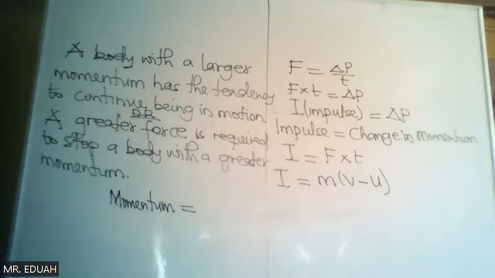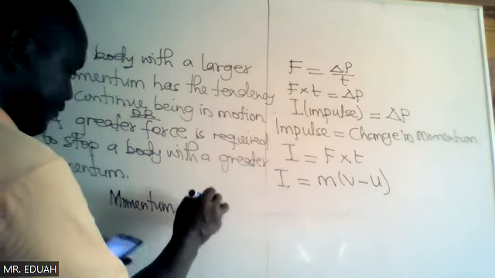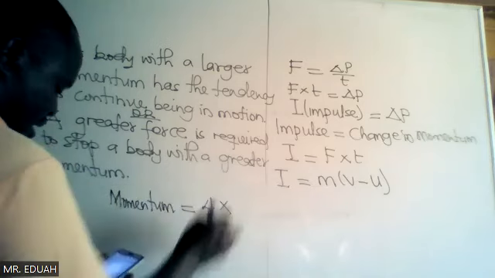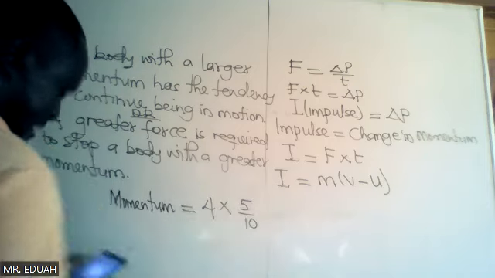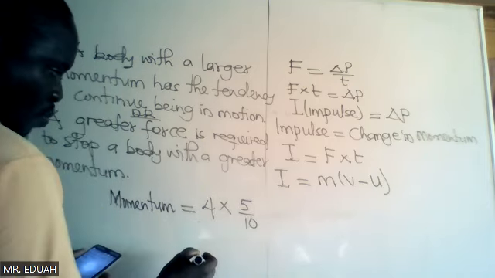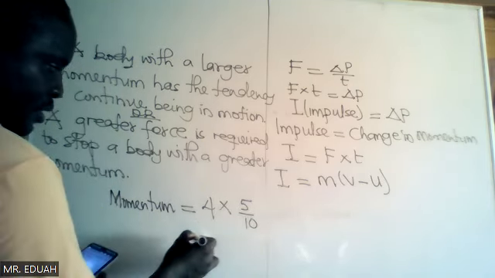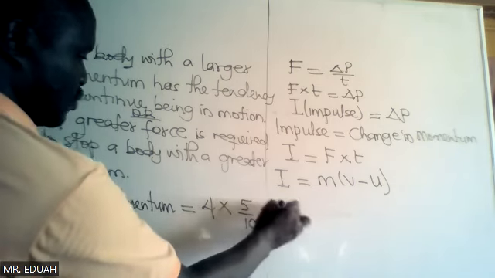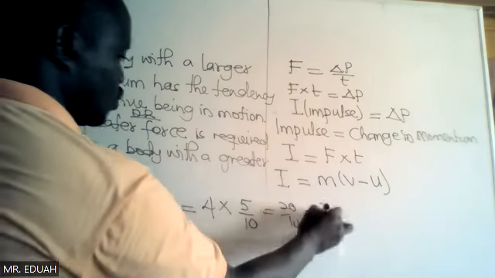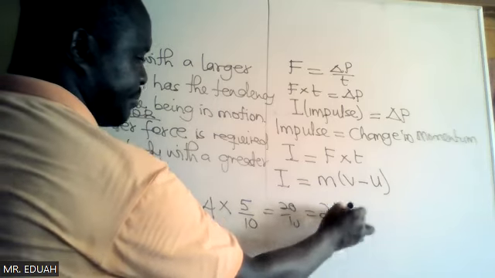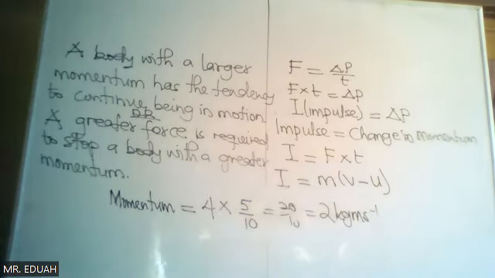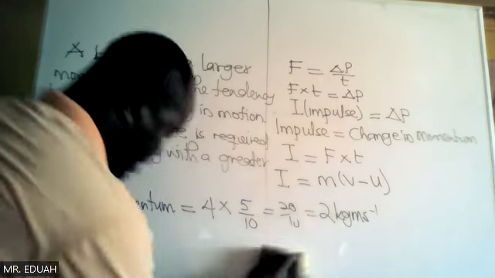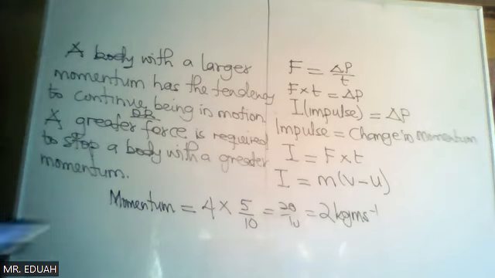Units. Very, very important. So the mass is 4. The velocity is 0.5, which is 5 on 10. So this is 20 on 10, giving us 2 kilogram meter per second. Adwa, the unit is very, very important.